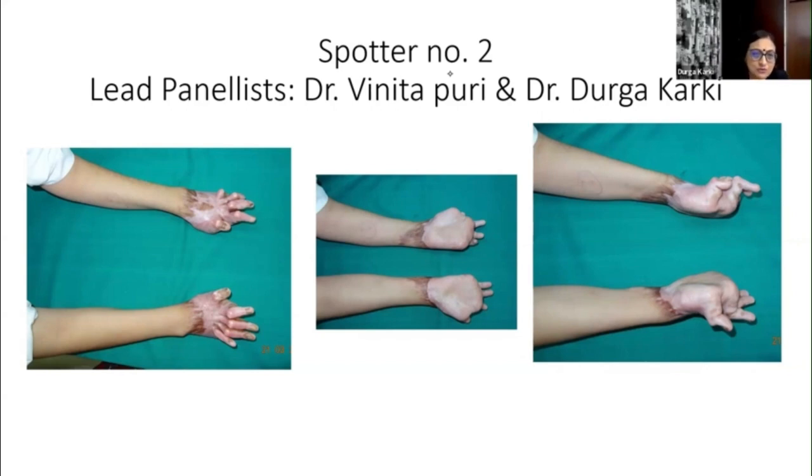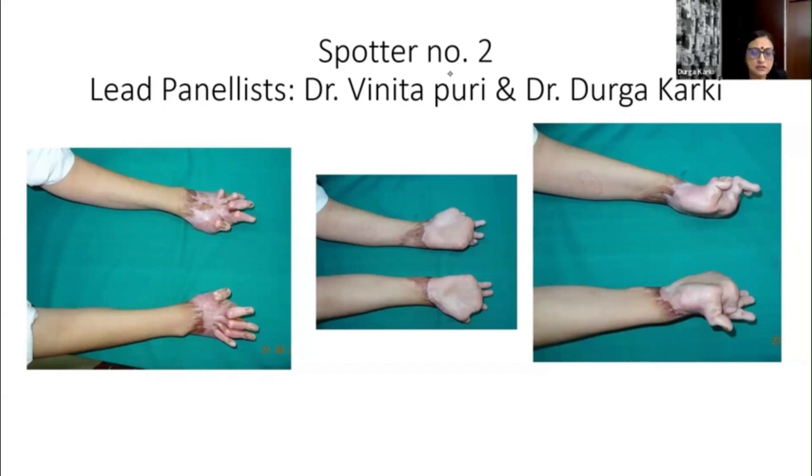You have to just go through the examination. Now the treatment is also there, time is very short. Any positive finding which is important for the reconstruction? You have to see the web spaces. First web contracture, and whether there is any contracture in the rest of the web spaces, which is very important. Then you have to see the grips, the functional examination of the hand.